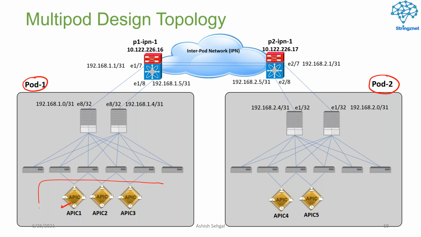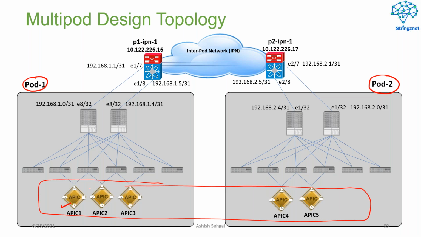In other words, the controllers which are spread across two or more than two floors, or even geographically spread across two different buildings, we want them to be part of one single family. This kind of setup, where you want all the APIC nodes to form one single family, is called a large stretched APIC cluster.